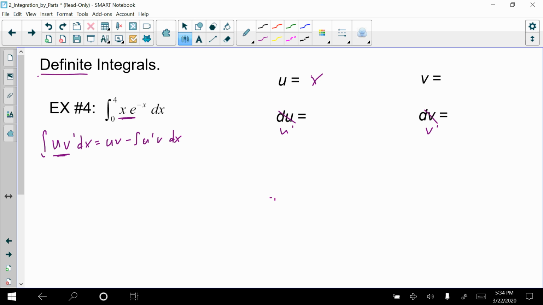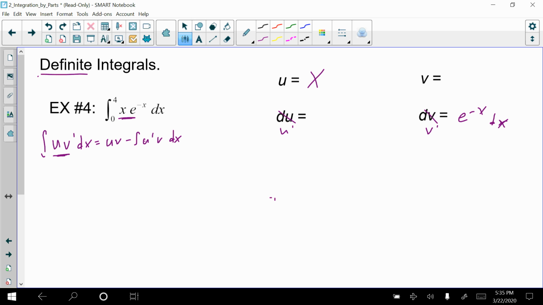So if the u term is going to be an x, then the v prime term has to be e to the negative x dx.